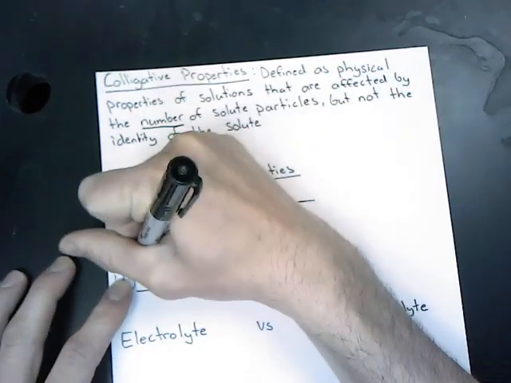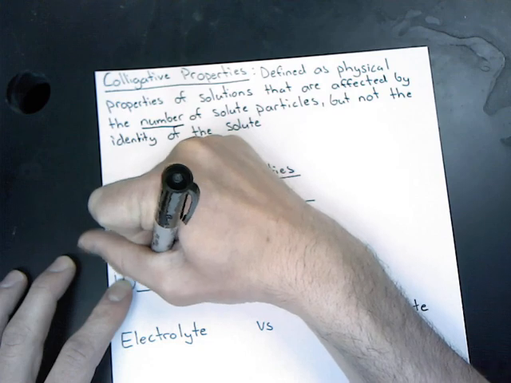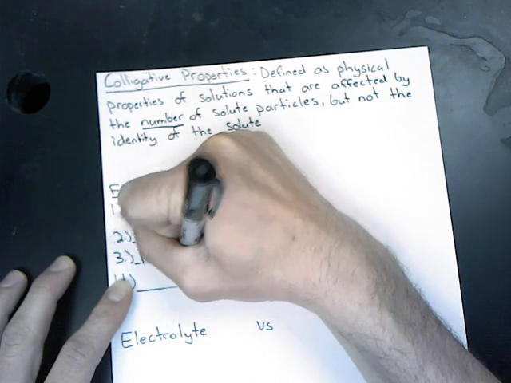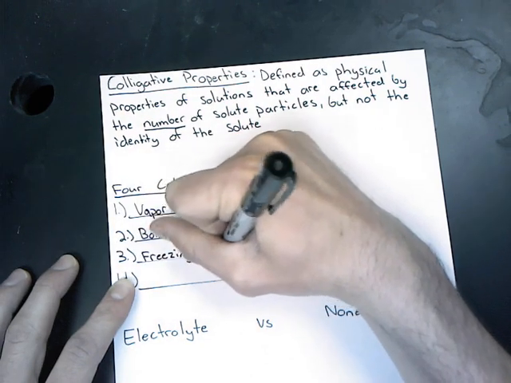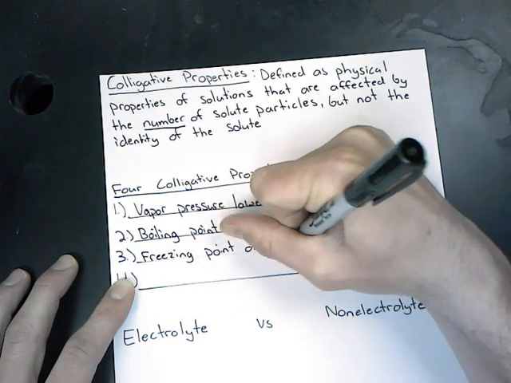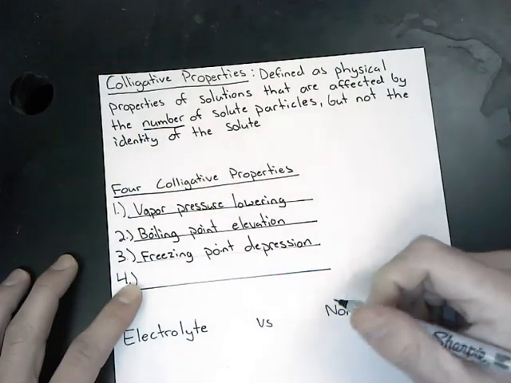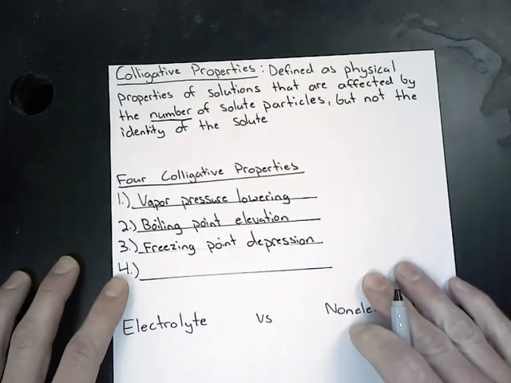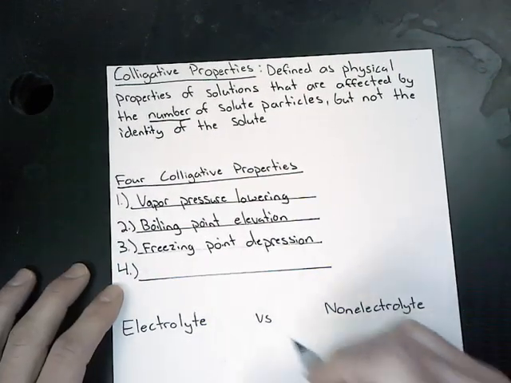The third colligative property is freezing point depression. And then the final physical or colligative property is osmotic pressure.